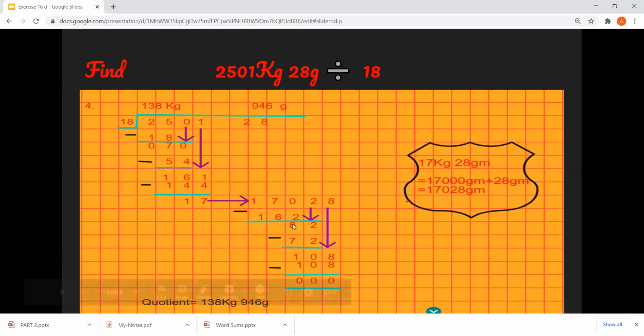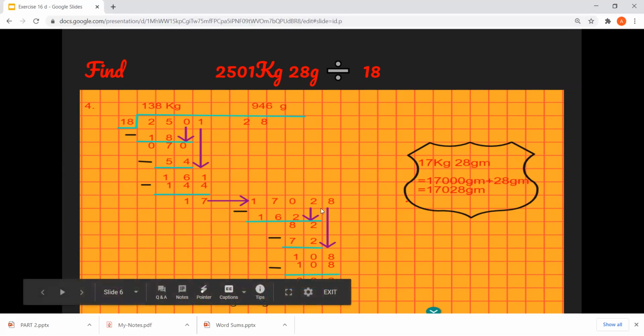18 nines are 162. Subtract it. 170 minus 162 is equal to 8. Next number carry down, that is 2. This now becomes 82. Now say the table of 18. 18 fours are 72.